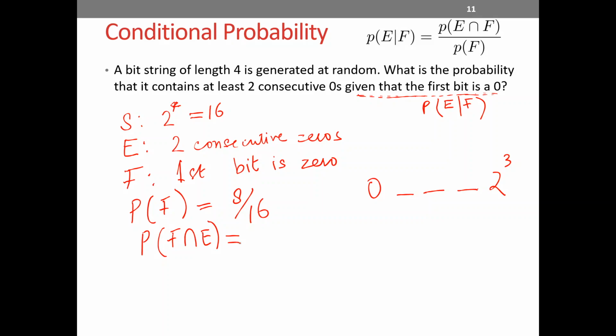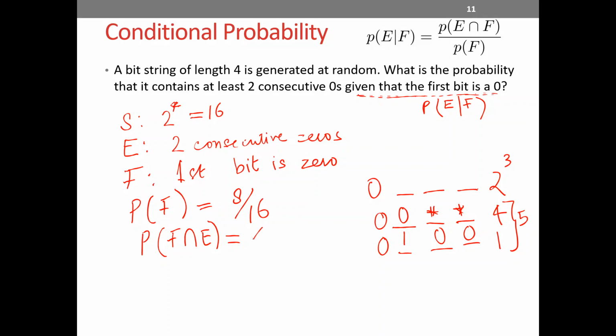Okay, so this is slightly tricky. We can go ahead and write it down. I know that the first bit is a fixed 0. Now, to have consecutive zeros, I can have a 0 here and anything here, either 1 or 0, so this is 2 squared, 4. I can also have a 1 here and a 0 here, and just one more way of filling these. So one more. So there are 5 ways of having the intersection of F, which is the first bit is a 0, and 2 consecutive zeros.